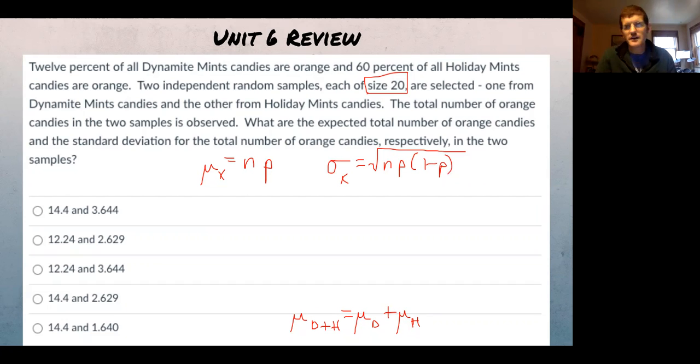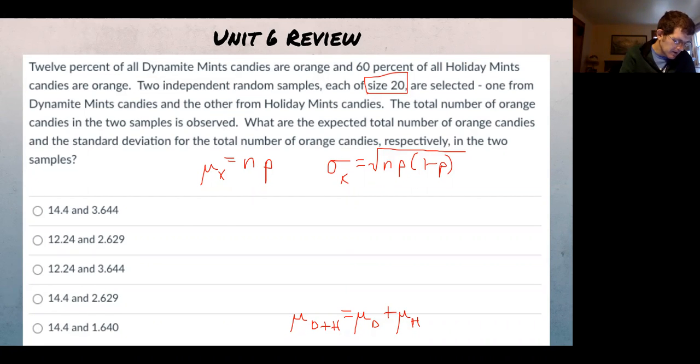And that's totally fine, because these are not formulas you need to have memorized. They're in your formula sheet. I'm just reminding you of them right now. But if you go back to your AP formula sheet, you can find where it actually says binomial setting or binomial distribution. And it tells you the mean and standard deviation formulas that you need. So just be able to look it up.